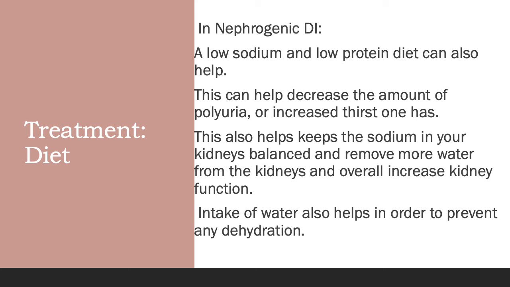This helps keep the sodium levels in your kidneys balanced and remove more water from the kidneys and overall increase the kidney function, especially since you are excreting so much water in your urine. And then also intake of water is important to help prevent any dehydration.